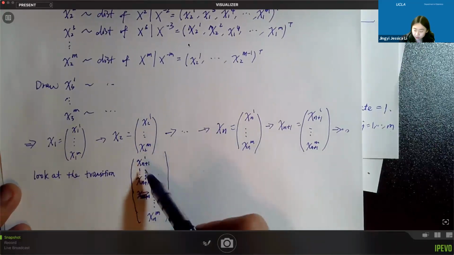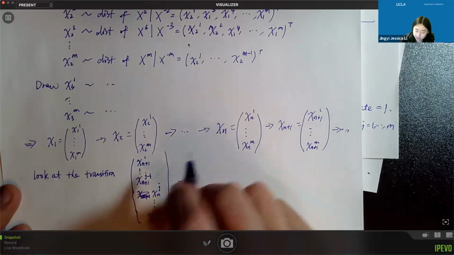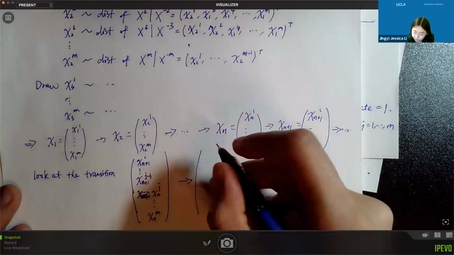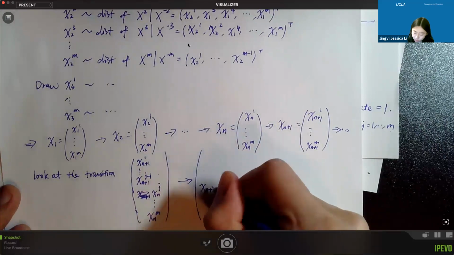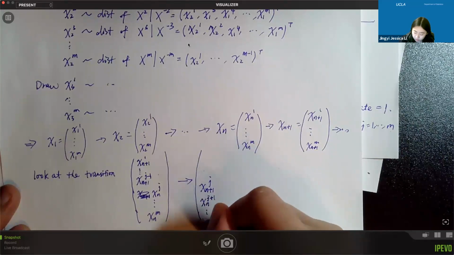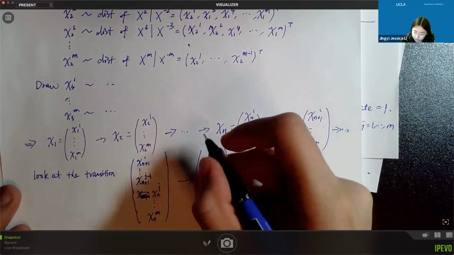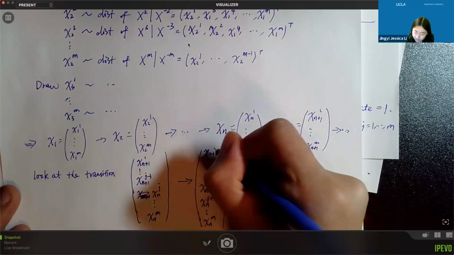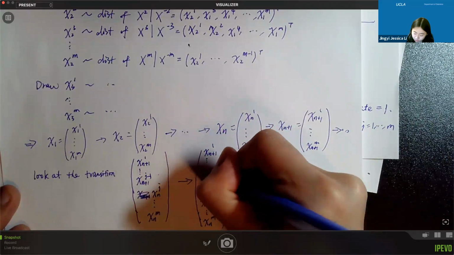So the first j minus 1 have been updated, but starting from here, they are not updated yet. So in the next update, I'm going to change xn j to xn plus 1 j. And after that, I'm still at xn j plus 1 to xn m. And of course, before that, everything is at xn plus 1 1 to xn plus 1 j minus 1.